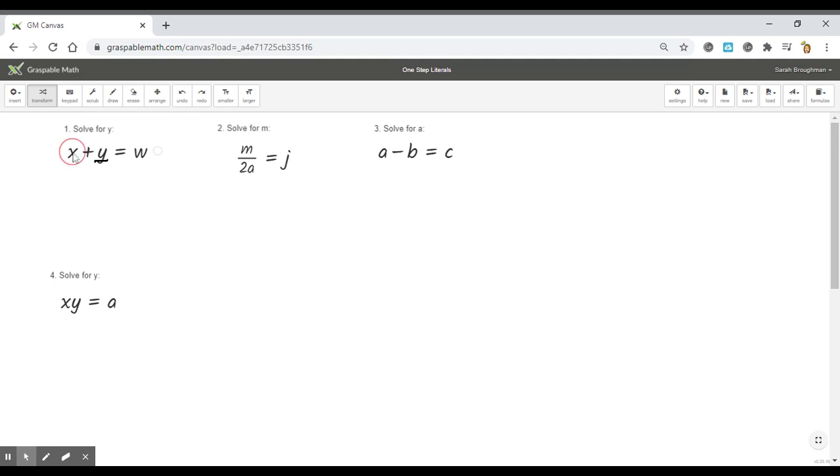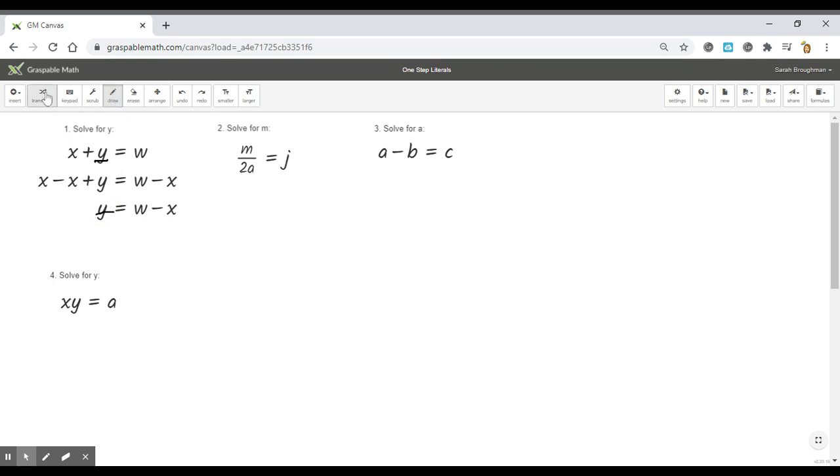So I'm going to click on the x and move it to the other side right underneath the w. That shows me that I'm subtracting x from both sides. X minus x becomes a zero pair, so that will simplify, and we're going to be left with y equals w minus x. Our y is by itself, and we have solved for y.